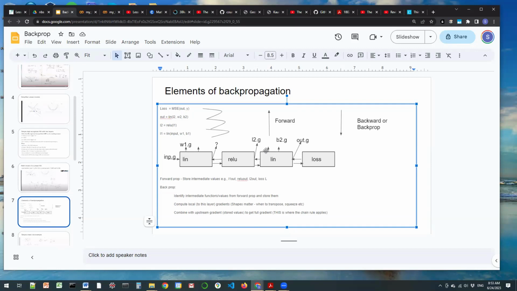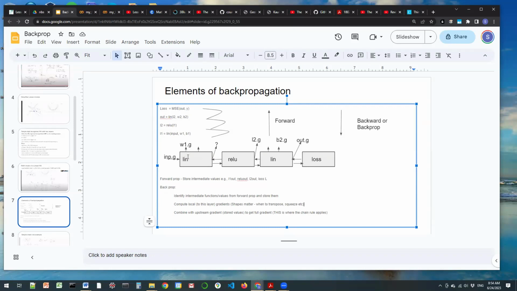In all, what we have computed is just the gradients of this block, which is out with respect to B2, out with respect to W2, and out with respect to L2. But remember, what we are trying to do is allocate the difference in loss throughout the various values in the network.